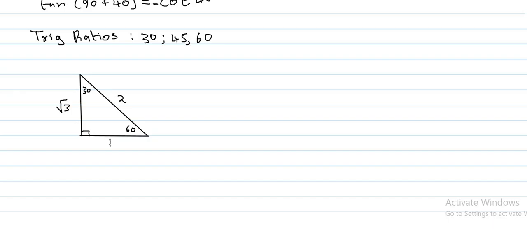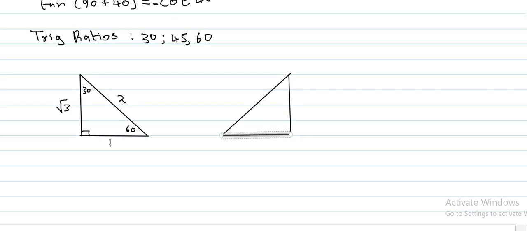The other trig ratios, we get from a square, but we create a right angle with the diagonal. Then each angle is 45, and we have the right angle here. This was from a square with the length of 1 and 1, and the longest side is the square root of 2.